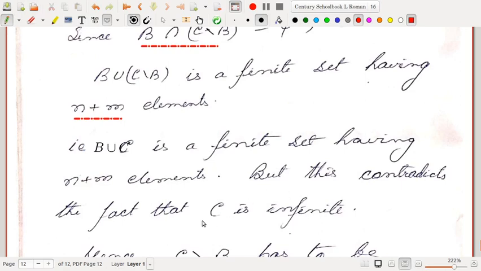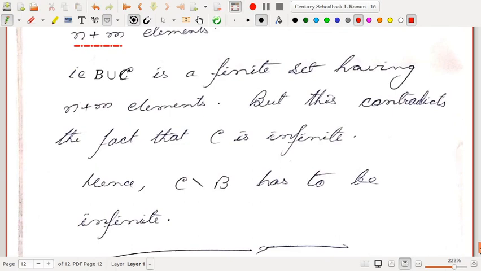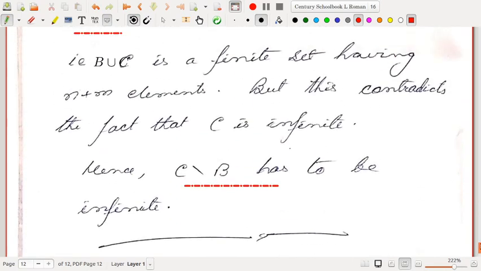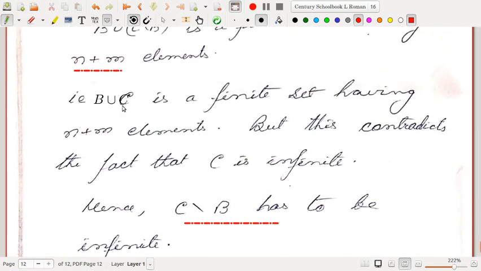But this contradicts the fact that C is infinite. C is an infinite set, so C union B cannot be a finite set. Hence C minus B has to be infinite. So this was the proof.